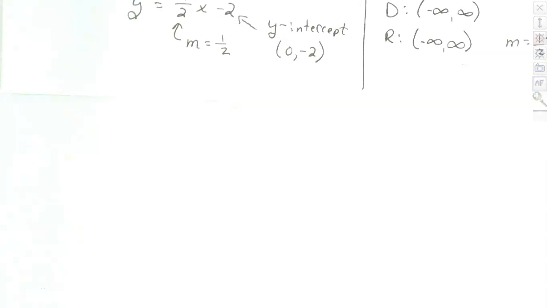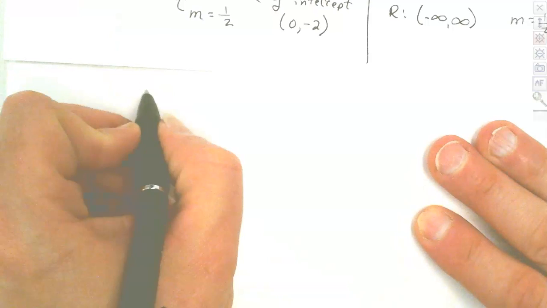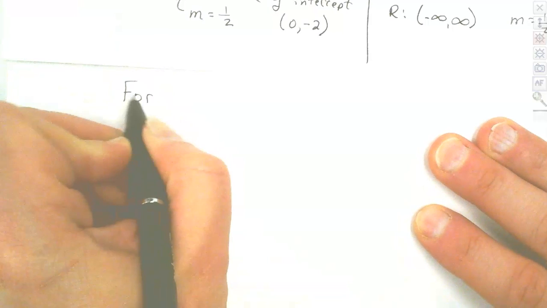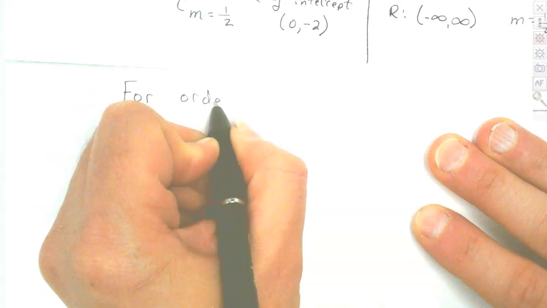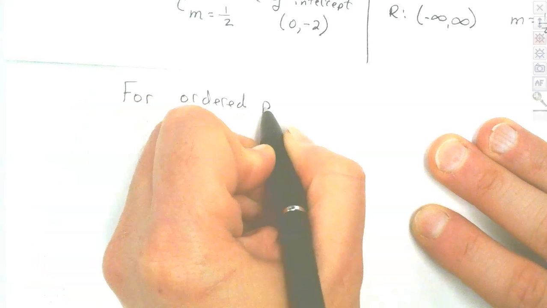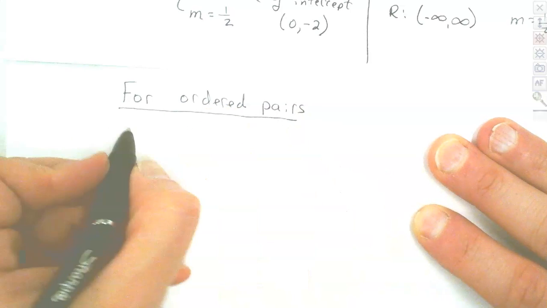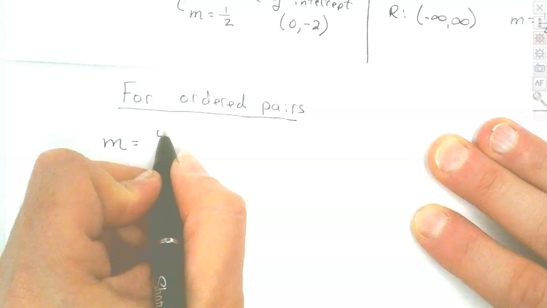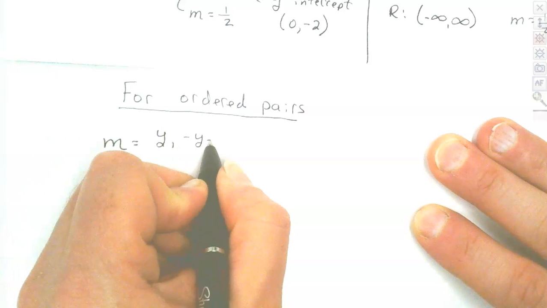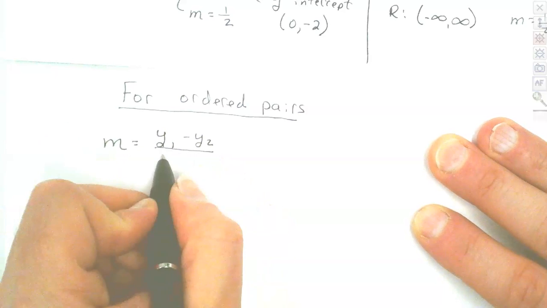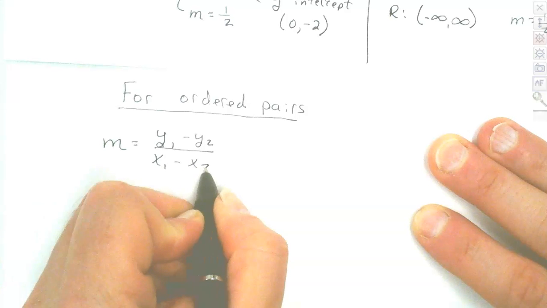So how do we find the slope when you're given two ordered pairs? Well, we have a formula that we can use. So this is going to be for ordered pairs. For ordered pairs, we use the formula m equals y1 minus y2 over x1 minus x2.